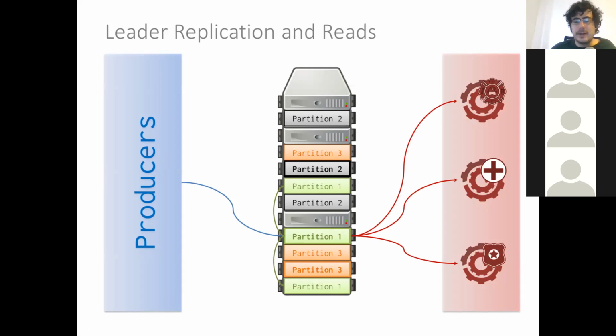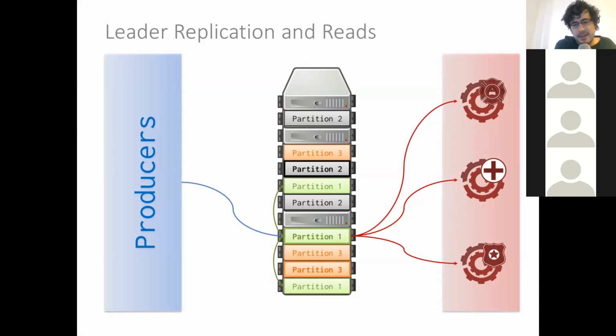Why is that? It could be that the leader has to maintain not just the order of the writes, but also the reads, in terms of maintaining the offsets of the consumers. So this ensures that the consumers are reading everything and can have their read guarantees.